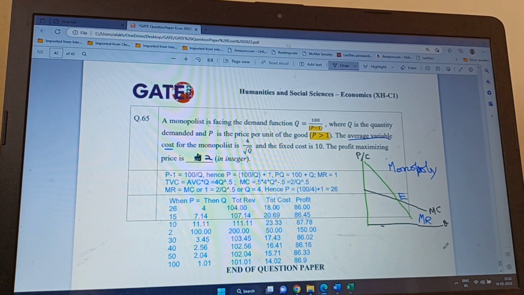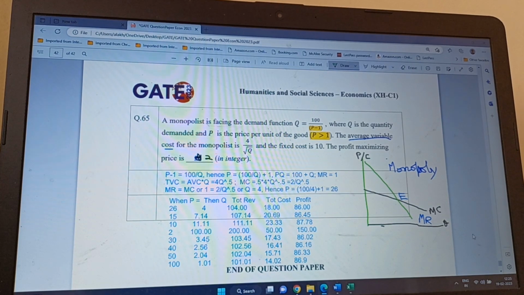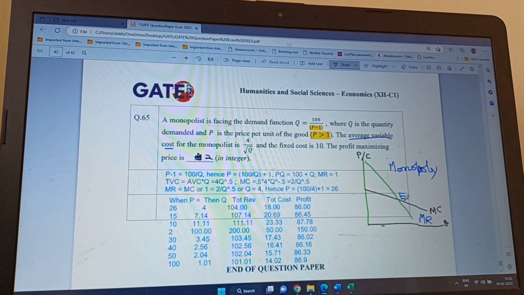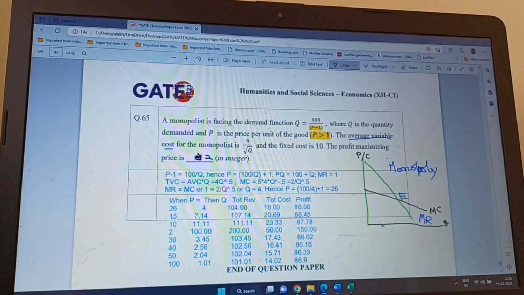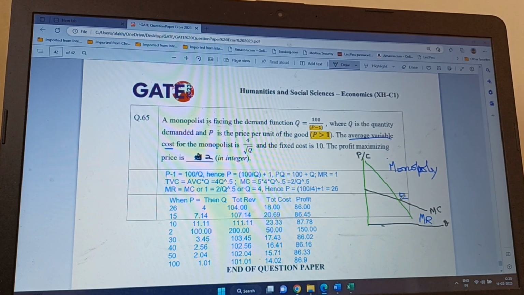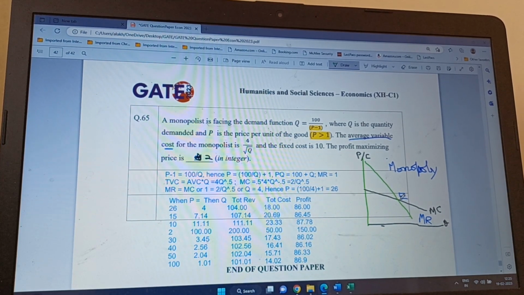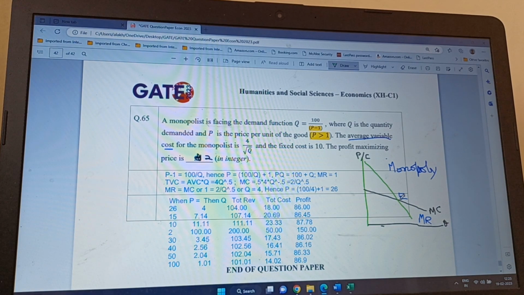Now, will this be an equilibrium? In a monopolist, yes, it is an equilibrium because in monopoly, marginal cost is more than marginal revenue beyond the equilibrium point. So it can be an equilibrium in monopoly and in all other markets.